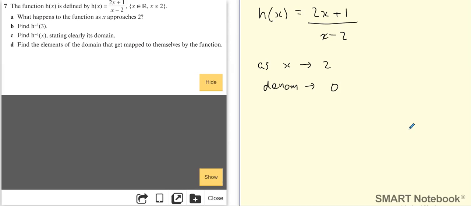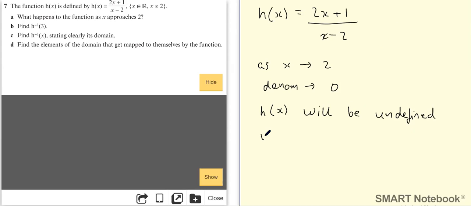What happens when you try to divide by 0? You don't get 0. You get undefined. H of x will be undefined. So what happens is as the function approaches 0, there'll be a vertical asymptote.